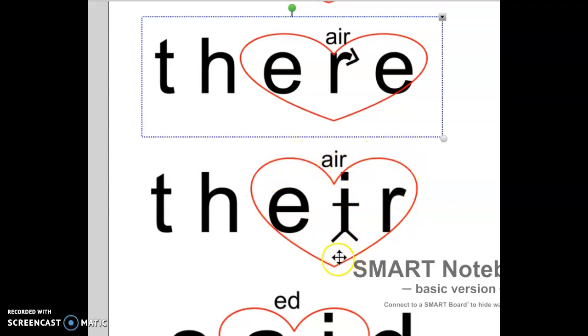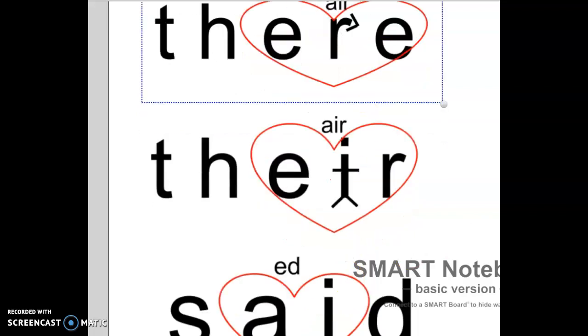But the E-I-R makes the air sound just like this one. So really, this should be a long E too, because if you have two vowels that are next to each other, phonetic skill 5 says that it says the long vowel of the first one. So it should be "theer", and it's not "theer". So it's "thair". So we're going to heart the E-I-R.